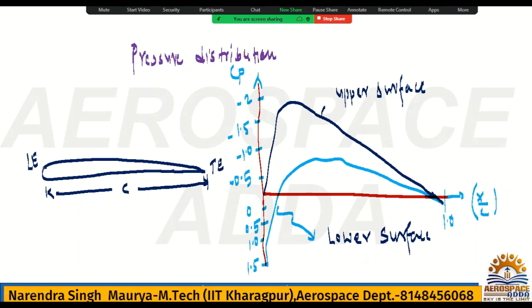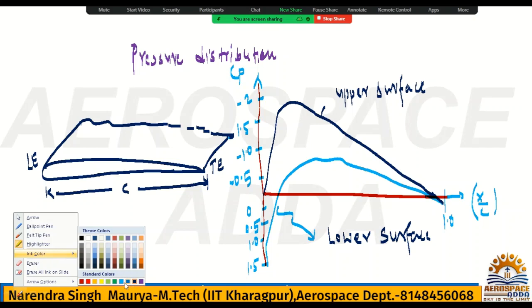So if you go for the wing, here this is the wing. Okay, half portion I have taken. So for this wing, this is the upper surface. If I say I'm getting lift from this wing, what is the meaning of it?